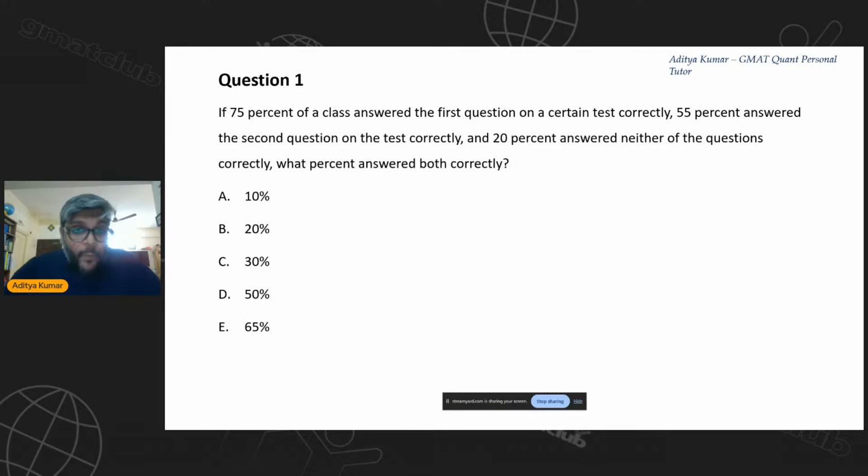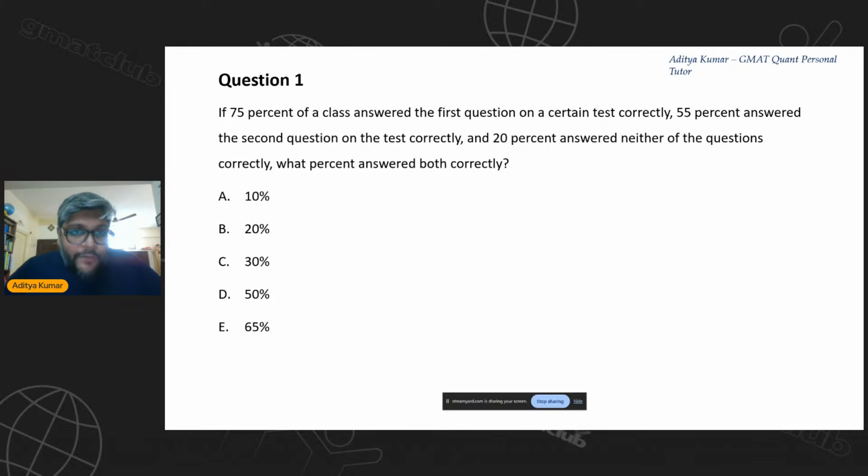All right, question one. The entire topic is based on word problems and sets. They are somewhat interrelated because the skill sets that you require for a word problem also carry forward in terms of sets, because you'll have to read the question and process the question very well.